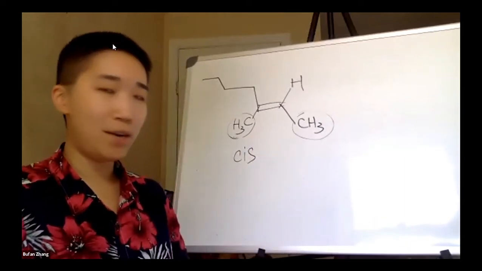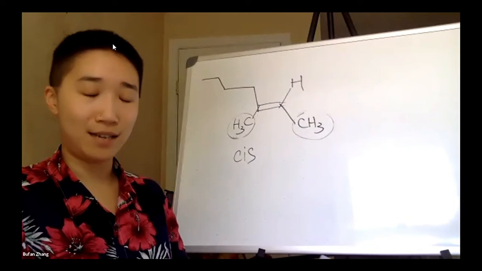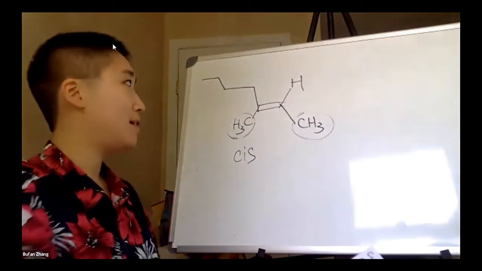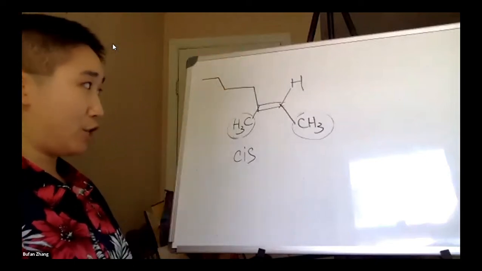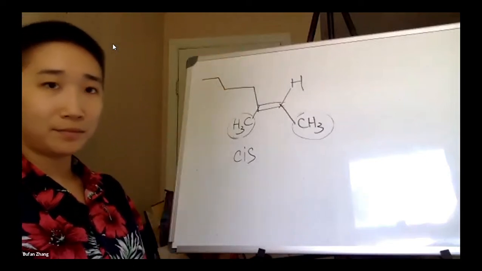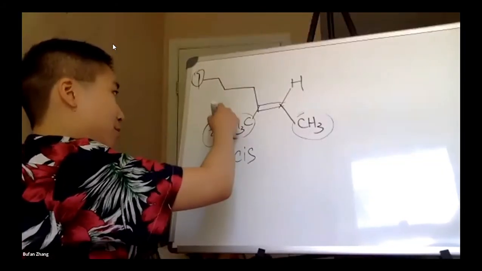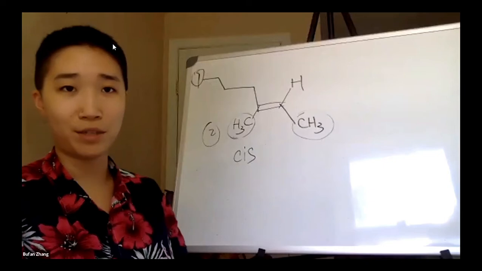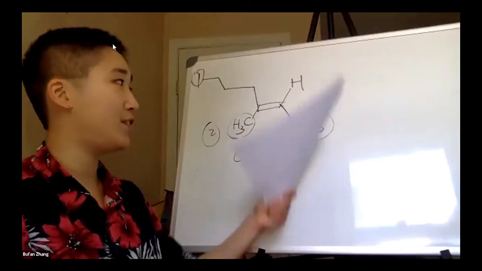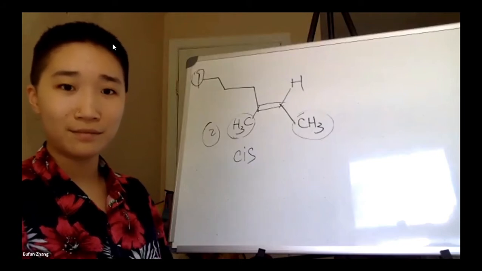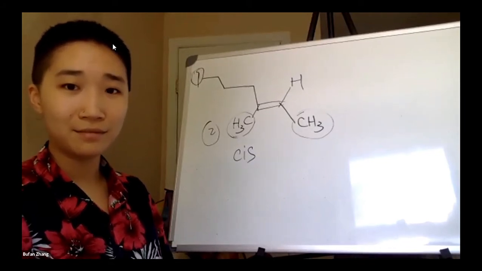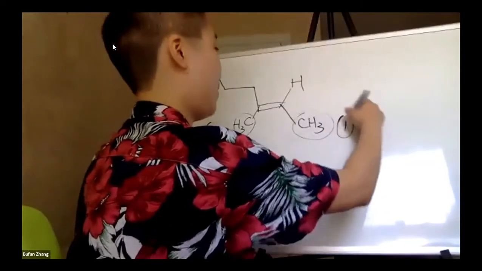But what about E versus Z? Let's assign priorities. Let me focus on the left-hand side first. Which alkyl chain gets higher priority? The top, right? Because it's a longer chain. It's very simple, and the bottom one is a methyl, so it's always number 2. What about the right-hand side? I have an H versus a methyl. This one should be very easy. The bottom gets higher priority.